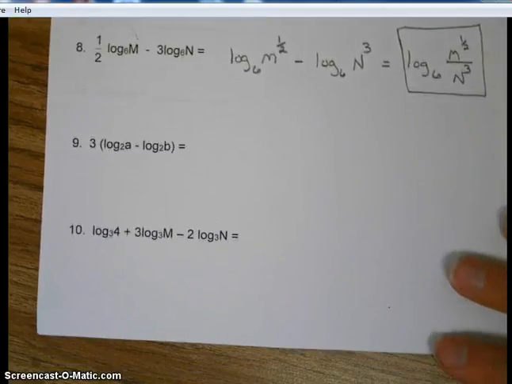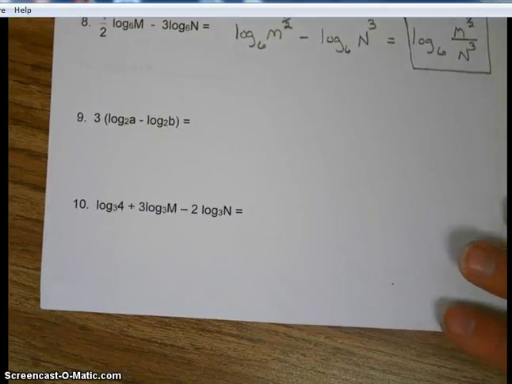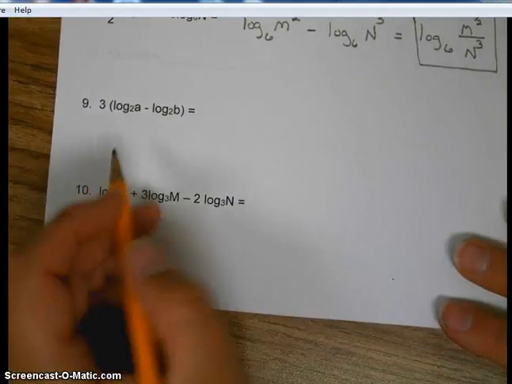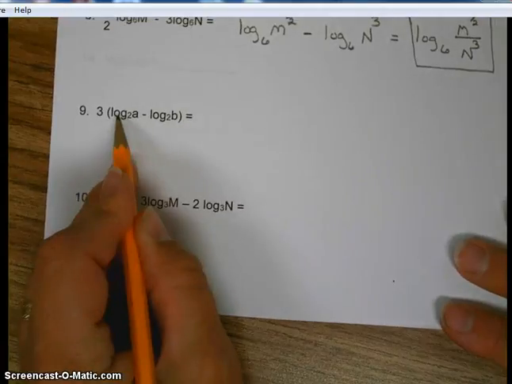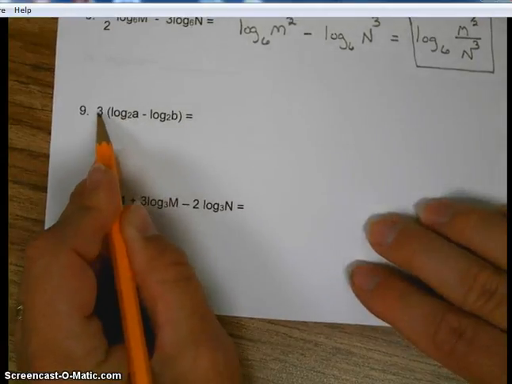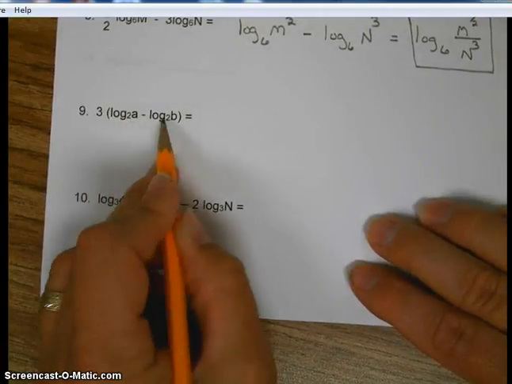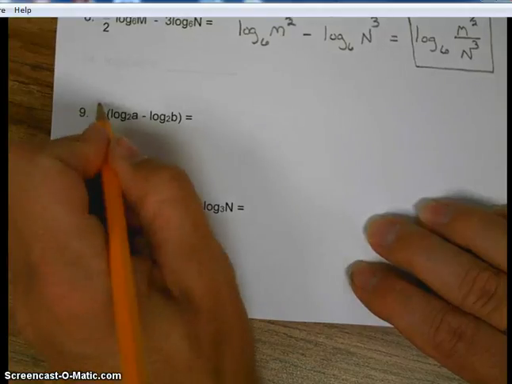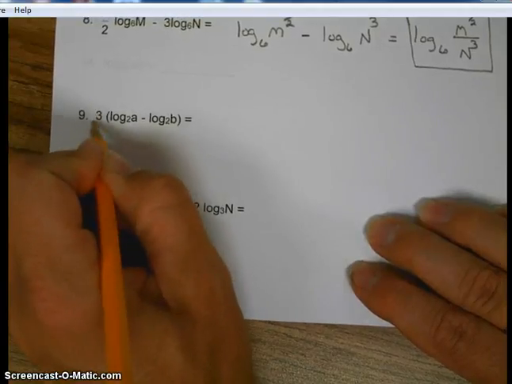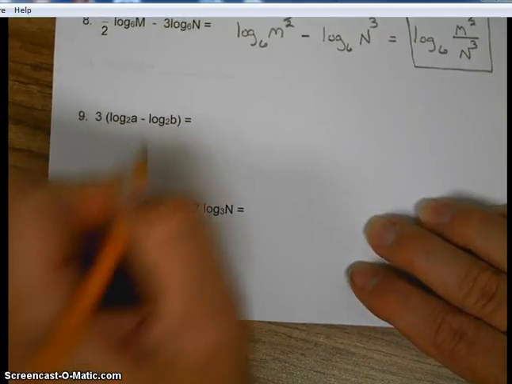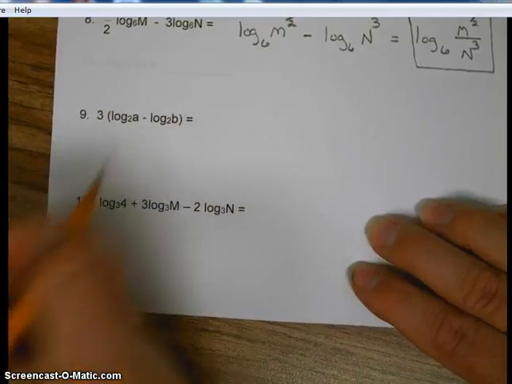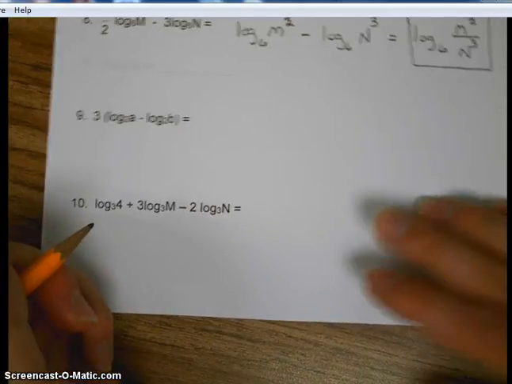All right, number 9. So we have bases that are the same, okay? But we're multiplying this number times both of them. Now I'm going to go ahead and work this completely out. I know that when multiplying a monomial times a binomial, I would distribute it to both.